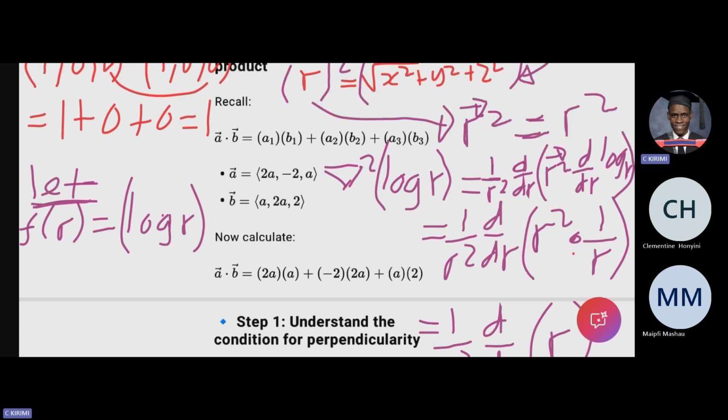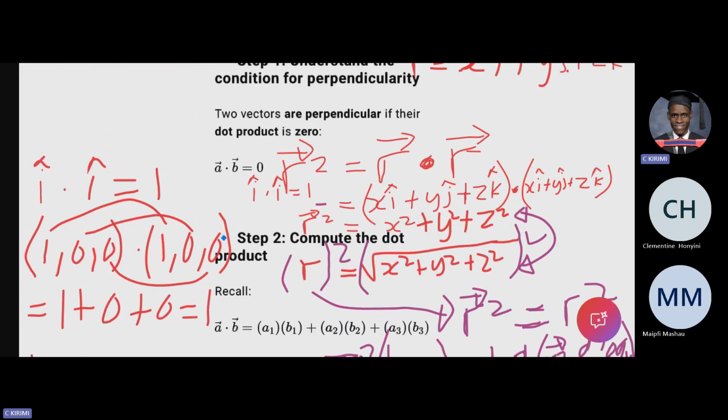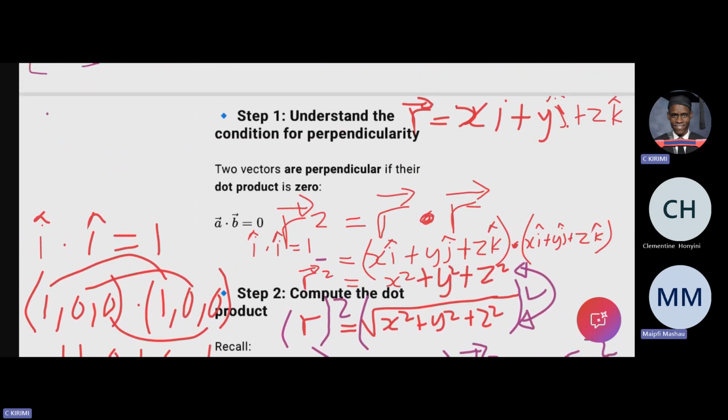We have many concepts that we talked about. Dot product: how do we convert r squared as a vector? r as a vector multiplied by another r as a vector, meaning dot product, you get r squared. i dot i gives you 1.